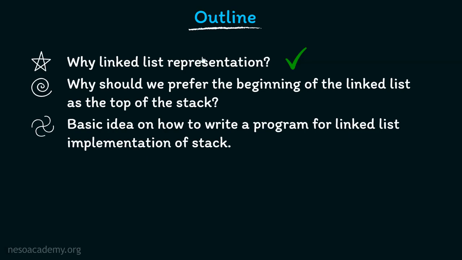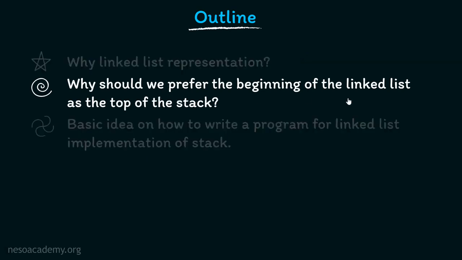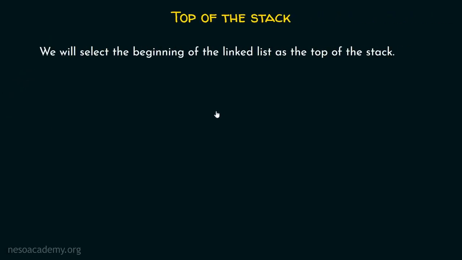Now we will see why we should prefer the beginning of the linked list as the top of the stack. Now there is a debate behind this. Let's select the beginning of the linked list as the top of the stack, and let's try to build the argument why we need to select the beginning of the linked list, that is the first node of the linked list, as the top of the stack.